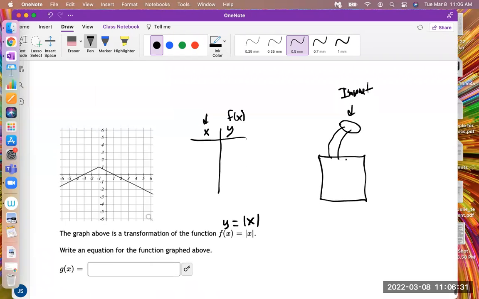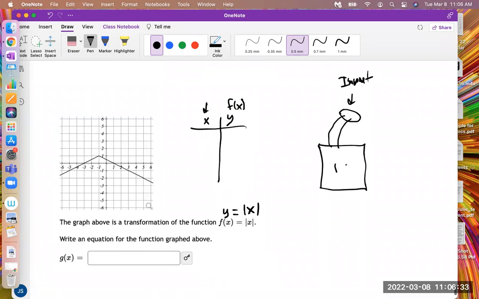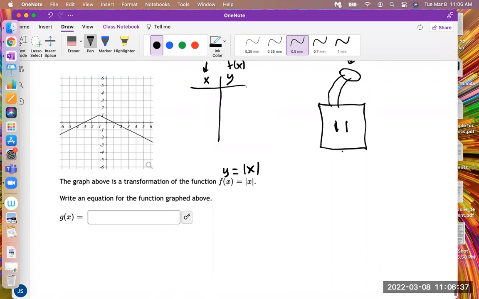And the function itself is going to take the absolute value of whatever you put in it. That's like the equation for the function. And then we have the output. We could write the output like absolute value of x. That's exactly what it's going to do. It's going to take the absolute value of whatever it is, right?